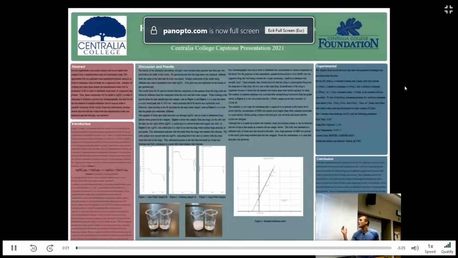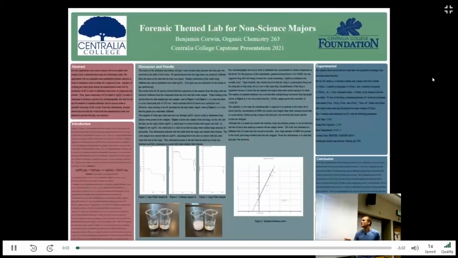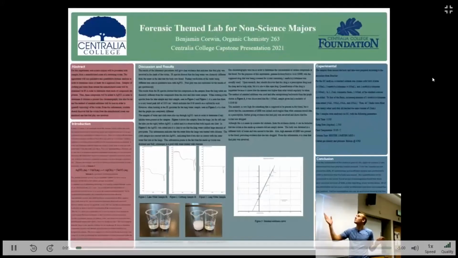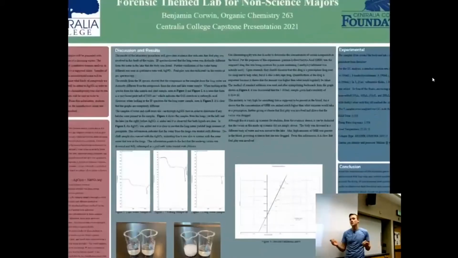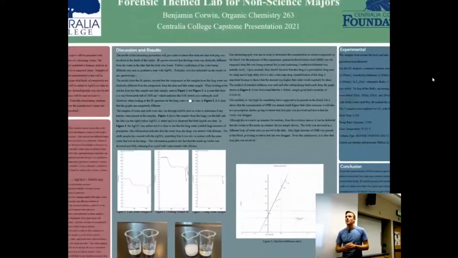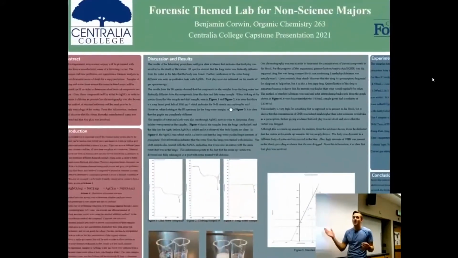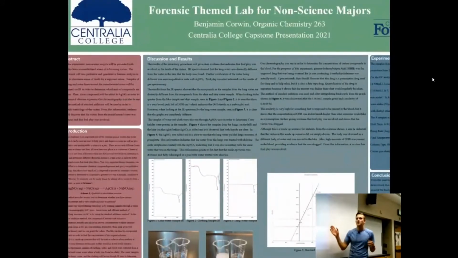Okay, awesome. So my presentation was a forensics themed lab for non-science majors. We were given a situation: a body had been found in a lake, and we were supposed to determine whether foul play was involved. The one way that we know how to do this is through chemistry. So we used organic techniques to determine if foul play was involved.